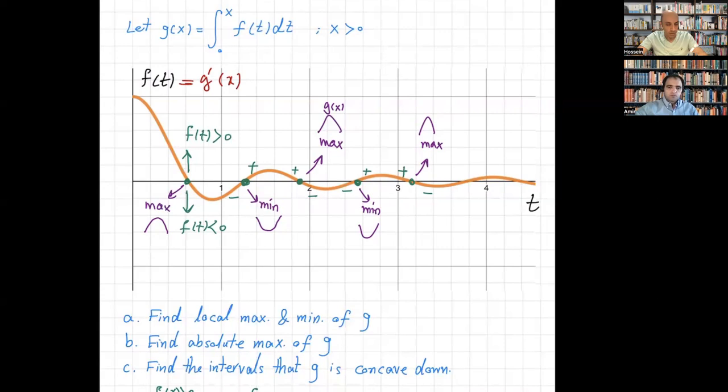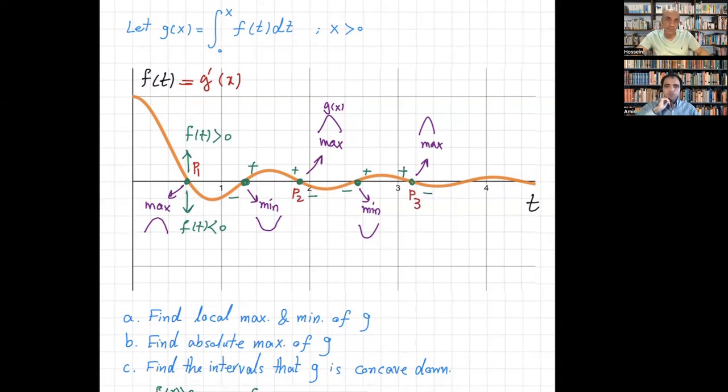I want to do the integration because, for example, let me label these points. Let's call this point P1, and the second maximum P2, and then this is P3, and so on.